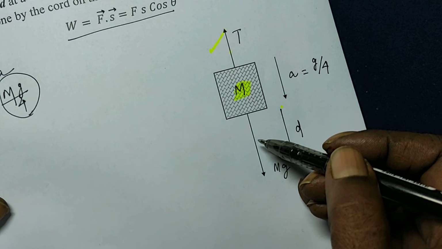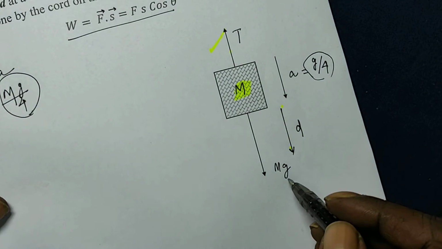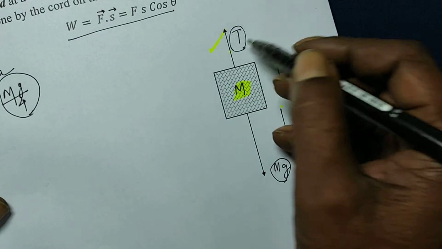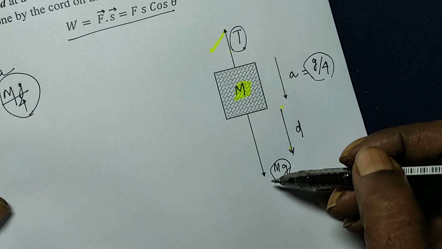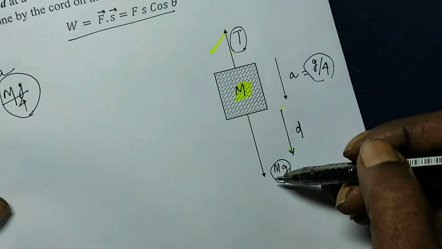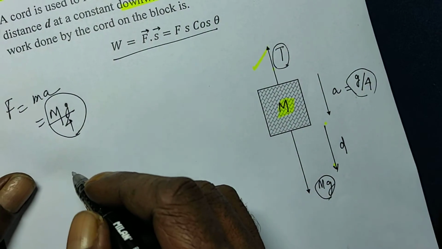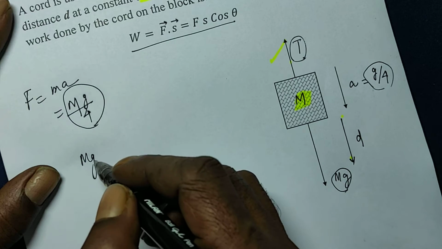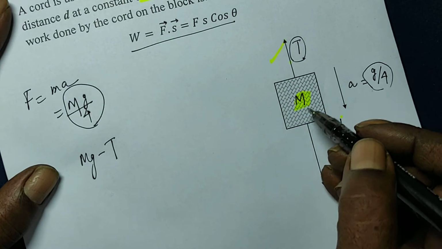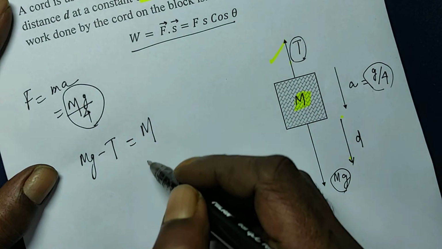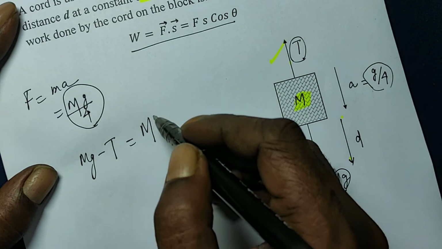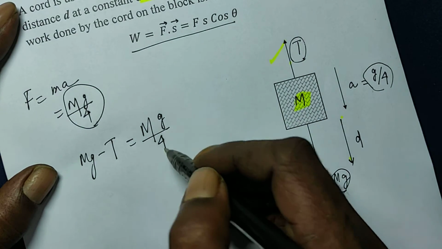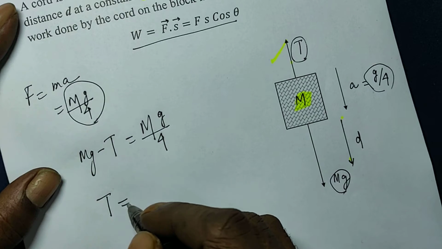Since the block is going downward with acceleration, the value of mg must be more than T. Then there will be a net force downward, and hence acceleration downward. So mg minus T is the net force on this mass m, that will be its mass times acceleration. Acceleration is given as g by 4, so I put g by 4 here.